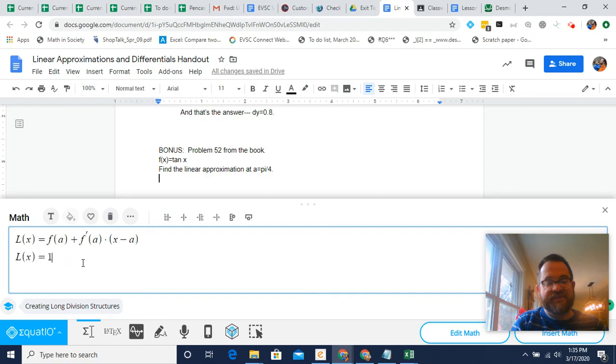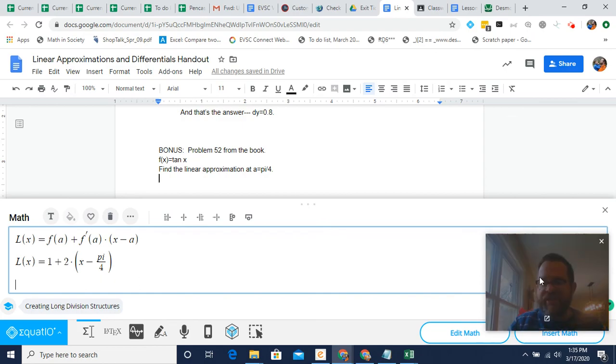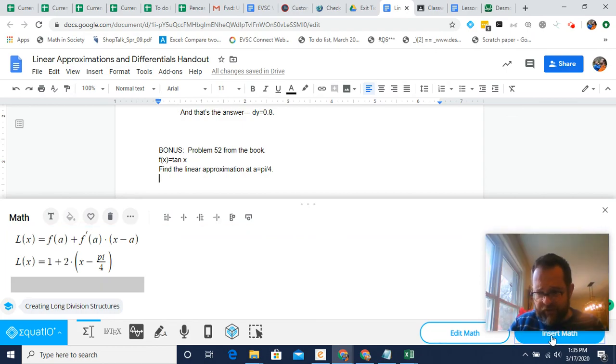And then if it wasn't secant, it was secant squared, so it's 2. And then x minus pi over 4. And this is a simple linear function. I mean, with a little rearranging, we could put this into point slope form, or we could put this into slope intercept form, or whatever. And that's all that that problem is asking for here.